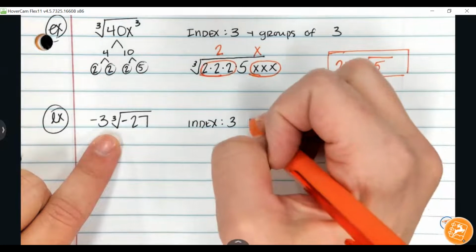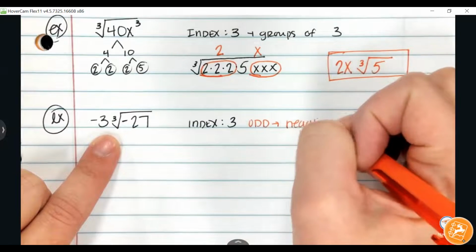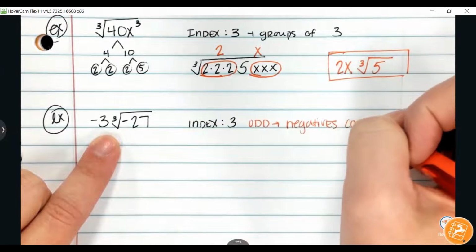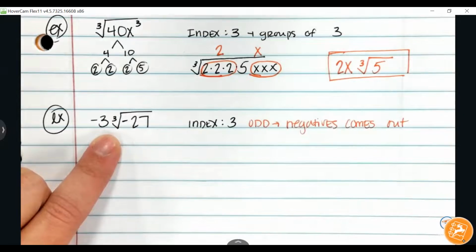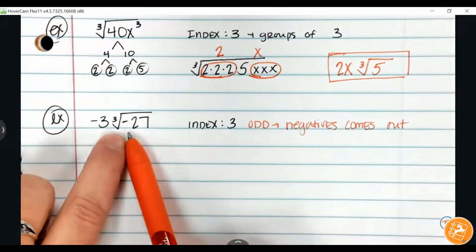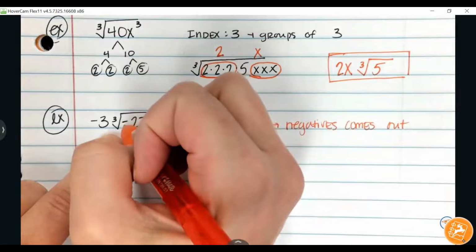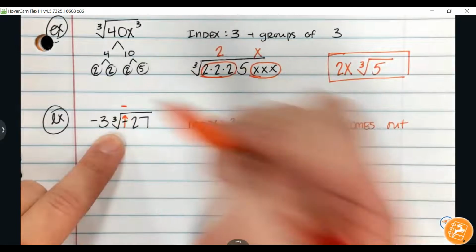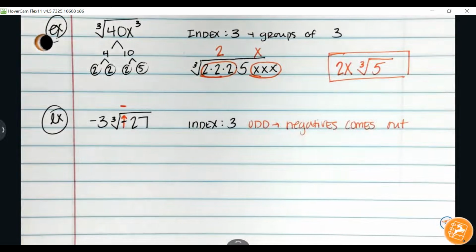So remember, an odd index means the negative comes out. I know we're writing a lot of side notes, but it'll be good, okay? The negative comes out. So this negative, watch what I'm gonna do, is literally just going to come outside. Only if the index is odd can the negative come outside.